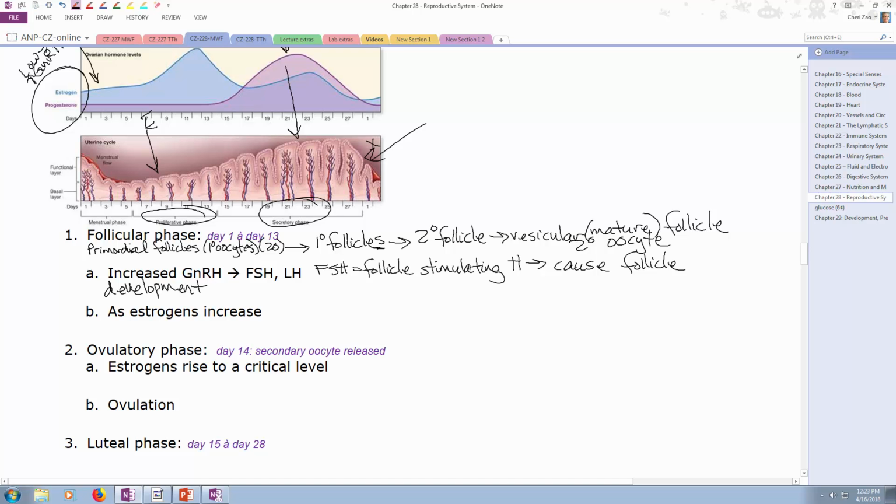Primordials will become primary, primaries will become secondary, secondaries will become mature or vesicular follicles. And it is the granulosa cells that produce estrogen.